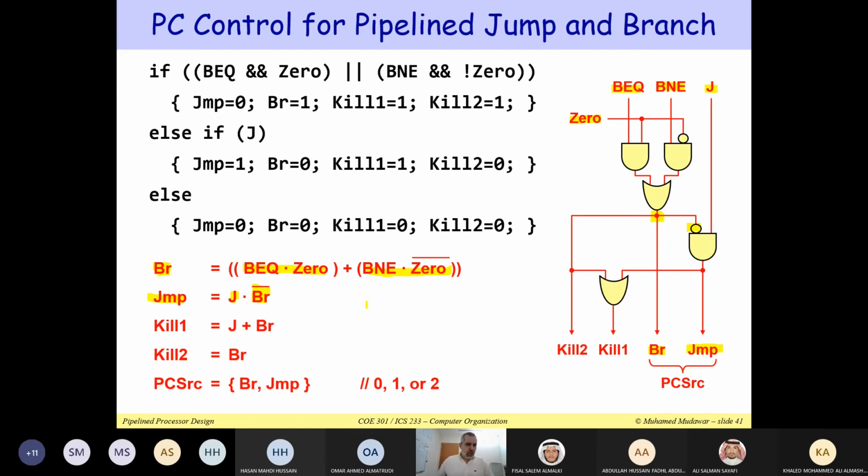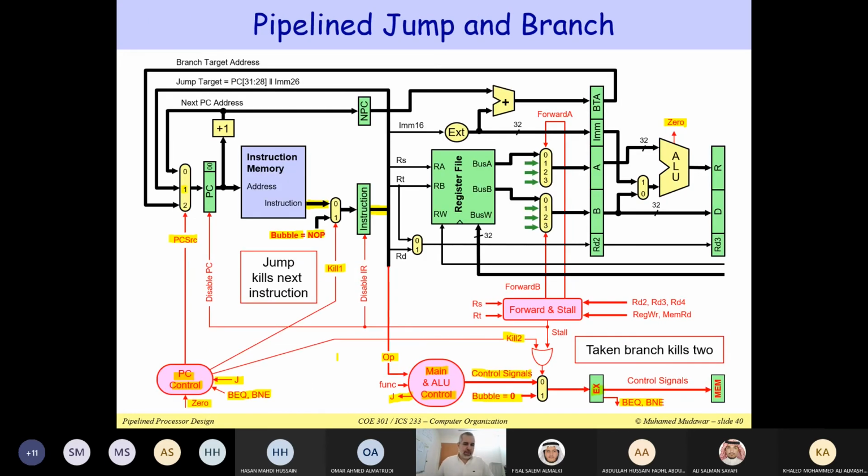Notice that we have 2 control signals here, kill 1 and kill 2. The first one is actually jump or branch. So if you are jumping or branching, you kill 1. You kill 2 if you are branching only. This will take care of killing 2 instructions in the pipeline. Kill 1 for jumping; kill 1 and kill 2 both will be used in the case of branching because we kill 2 instructions.